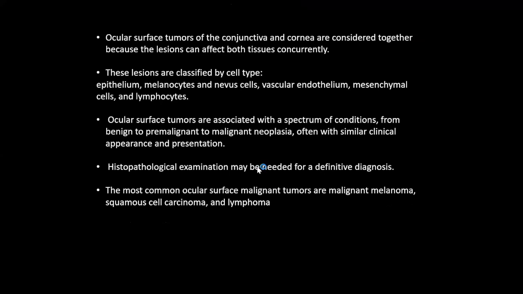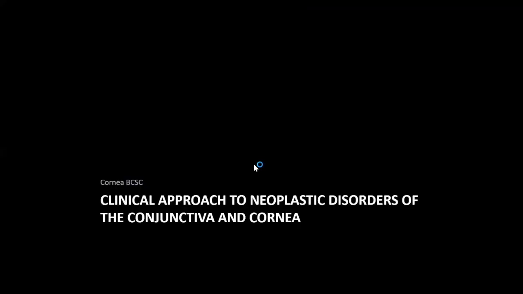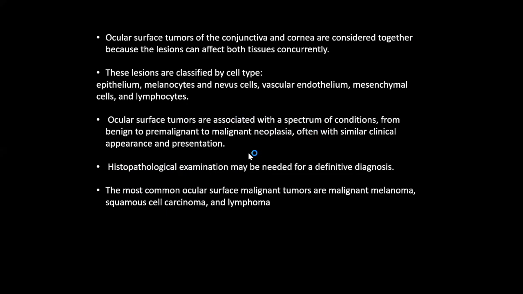Now, I quickly want to talk about the neoplastic disorders of the cornea and the conjunctiva, which is chapter 14. It's important to know that ocular surface tumors of the conjunctiva and the cornea are considered together because you can have one lesion affecting the contiguous tissue, or you can have the lesion affecting both tissues at the same time.